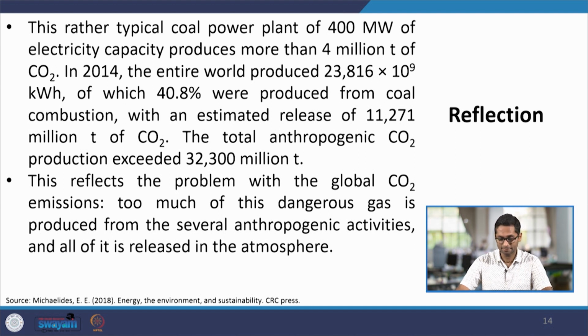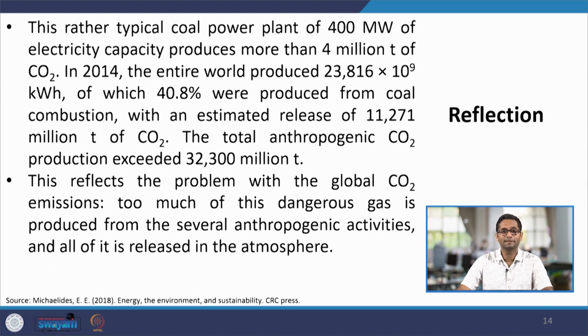And it's estimated that the combined power plants run by coal were releasing around 11,000 million tons of carbon dioxide into the atmosphere, and the total anthropogenic CO2 emissions exceeded around 32,000 million tons.